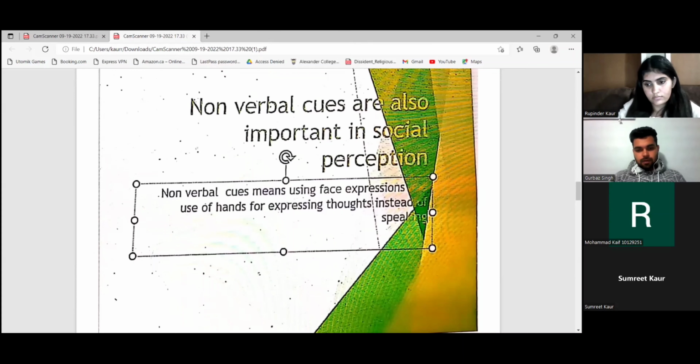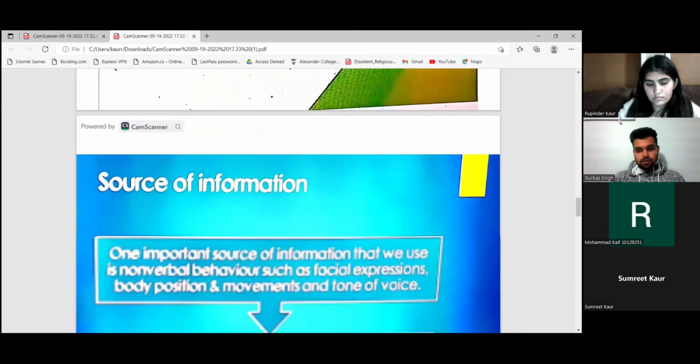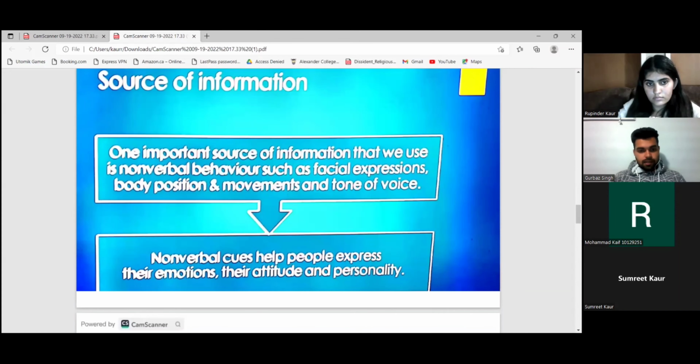Now, let us talk about how it works. Source of information. There are a lot of sources. One important source of information that we use is nonverbal behavior, such as facial expressions, body position and movements, and tone of voice.